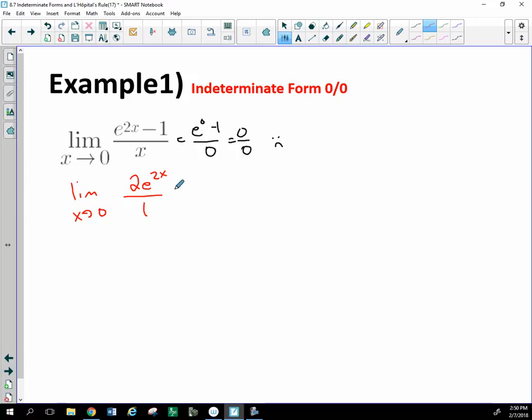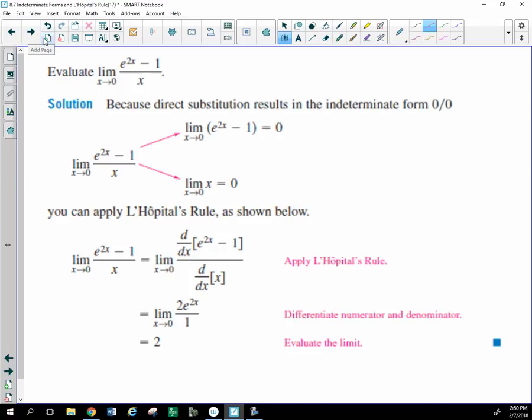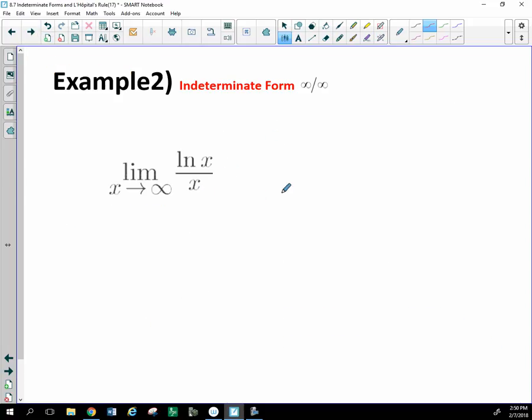Now if I take the limit, putting in 0 and doing my direct substitution, I get 2e to the 0 over 1, which kicks out the value of 2, which makes us much happier, and therefore there is our limit of this original function. All right, so let's try another example. Again, we are going to substitute in infinity.